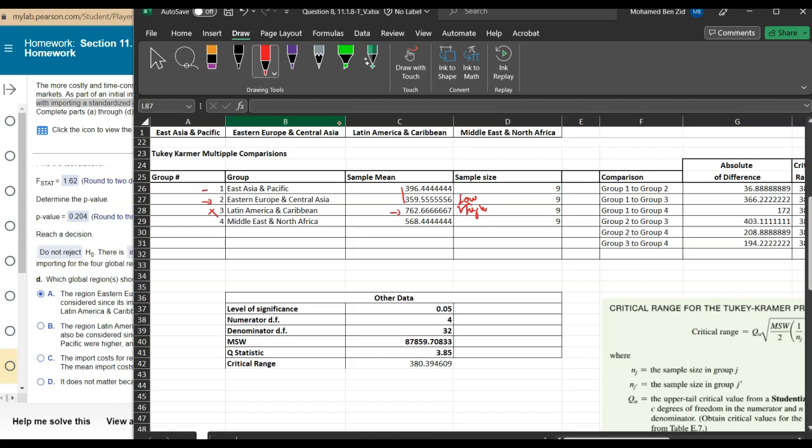So I want to explore this one as well. These two prices here, they are different, although we don't have enough proof, but still one is 762 and the other one 568, all right? So we want to stick with East Asia and Pacific and Eastern Europe and Central Asia, right?